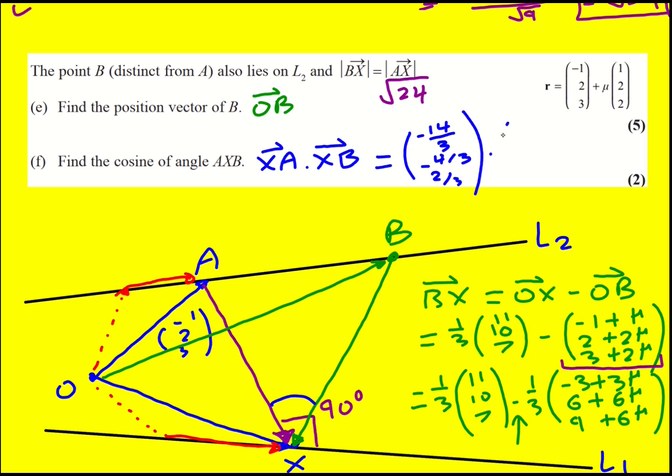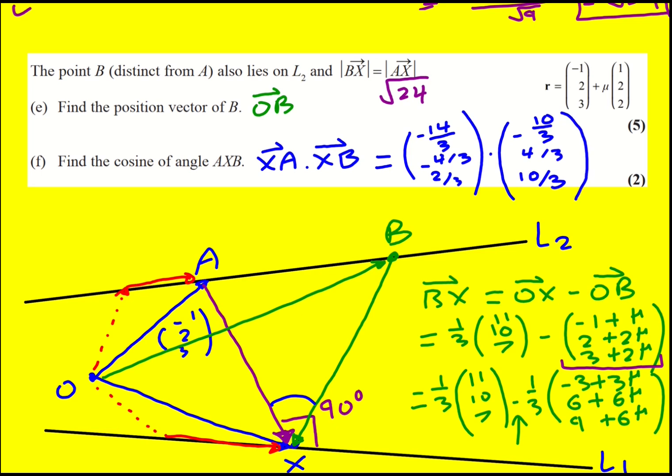And I'm going to dot that with xb, and I just worked out bx a minute ago. So this ends up being minus 10 over 3, 4 over 3, and 10 over 3.